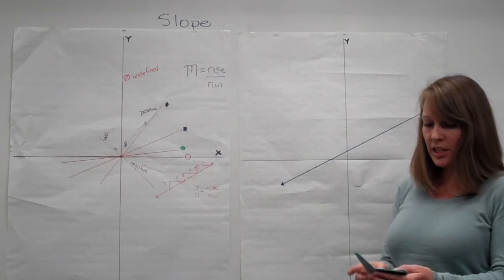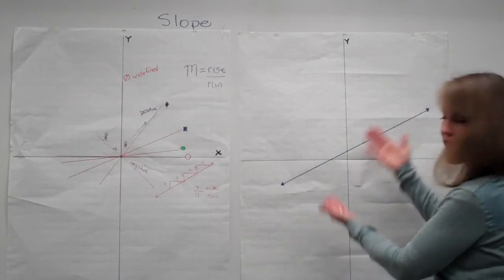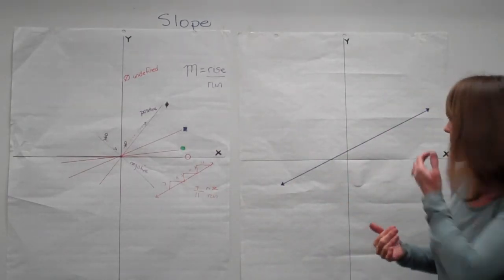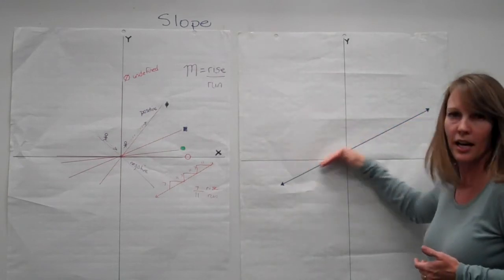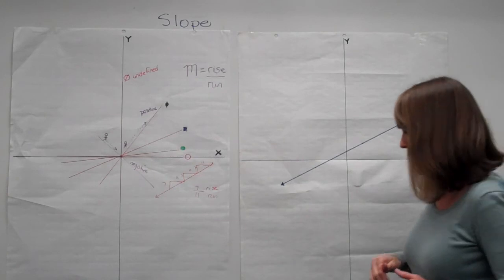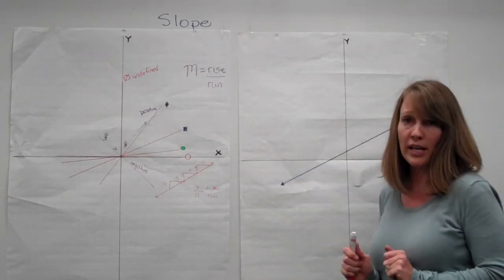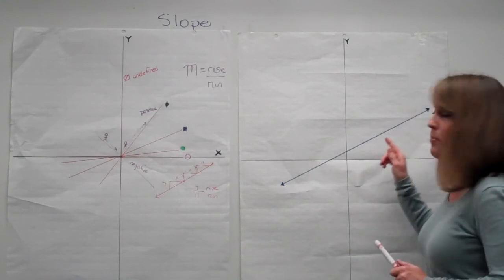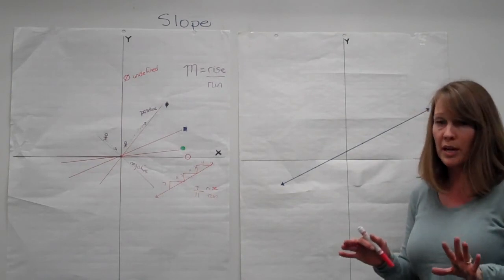All right, so let's look at how we actually find the slope from a line. So here I have a fabulous line, and I want to know what the slope is. I want to know how steep it is. Well, I know it's not going to be super steep because this looks more like a blue square, right? All right, here's what you do. First, you're going to find 2 pretty points. And by pretty points, what I'm talking about is a point that has perfect coordinates, whole numbers, right?